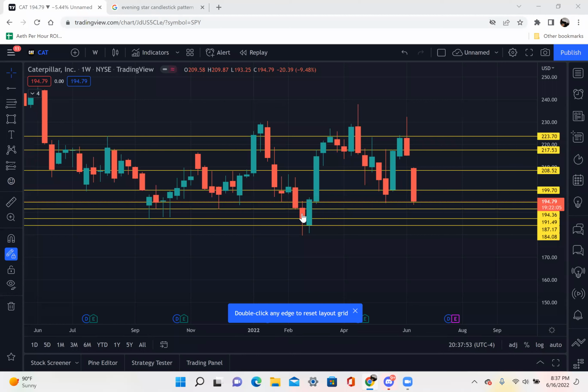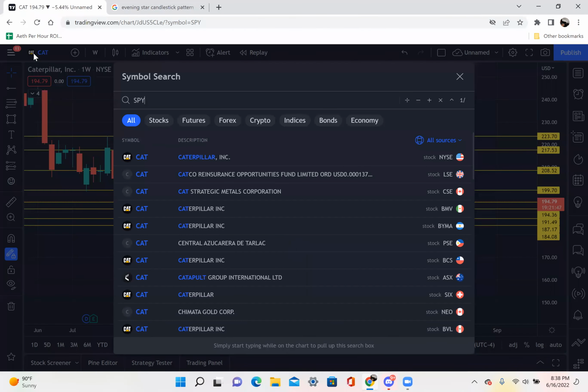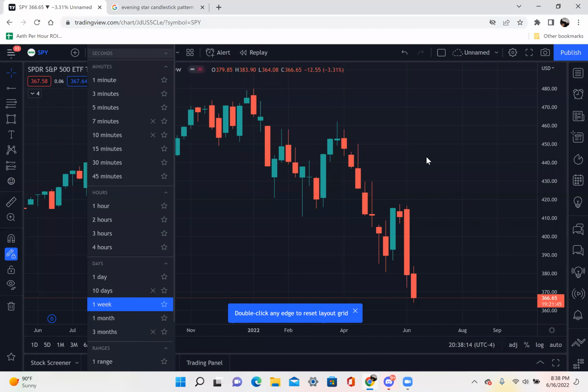I spent a lot of time going all the way back to 2020 because I thought it would help me with the market correction. Kate, it will help you with the market correction, but just know that it will take time, right? So let me just pull up SPY real quick because I've got broad information drawn up on it already.